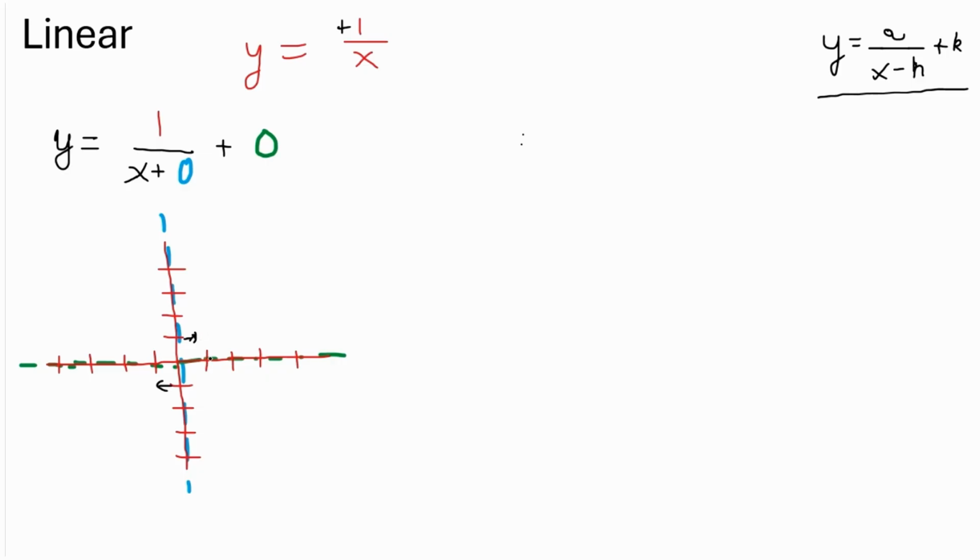So right one always, and then go up one. That's our first point. Then you go left one, and you go the other way, you go down. And then you just curve it towards the asymptotes. That's all you need to do.